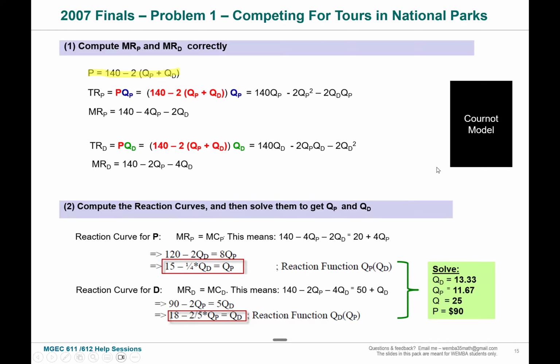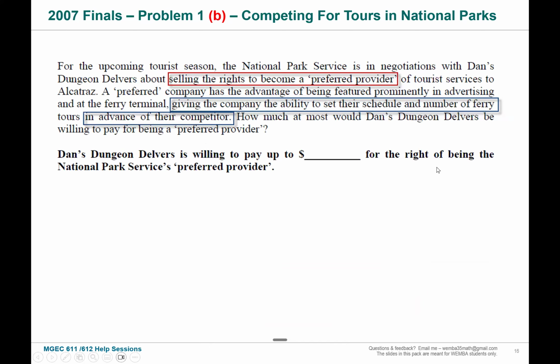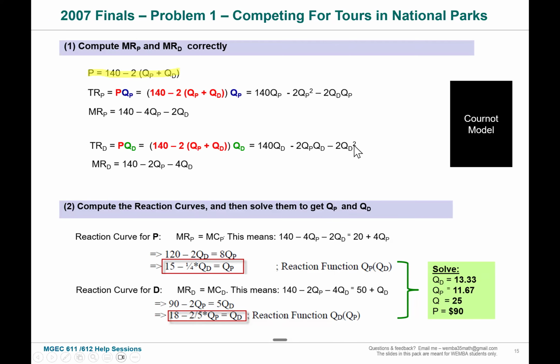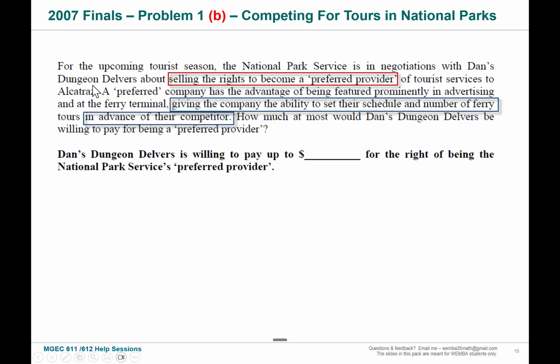Okay, let's keep going. So then what we have here is that, for the upcoming tourist season, the National Park Service is in negotiations with Dan's Dungeon Delvers. So NPS, the Park Service, is in negotiation with one of the firms, which is the firm D, about selling rights to become a preferred provider of tourist services to Alcatraz.